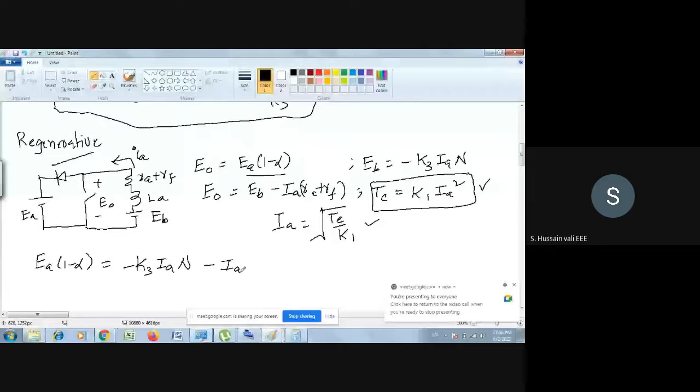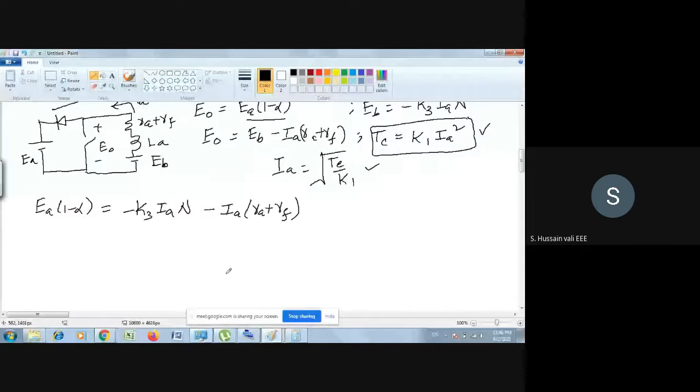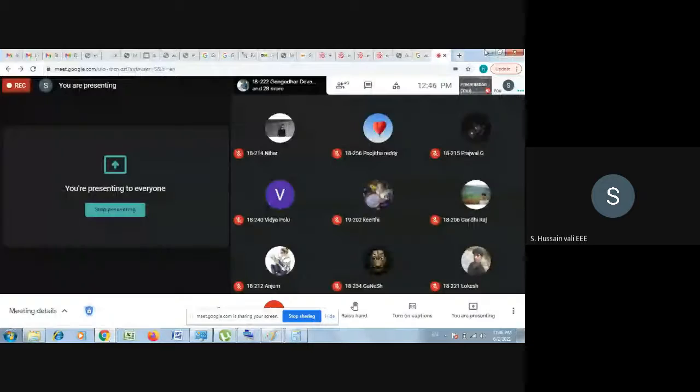So E into 1 minus alpha is equal to EV minus K3 IA N, so minus IA into RA plus R. What's next now?